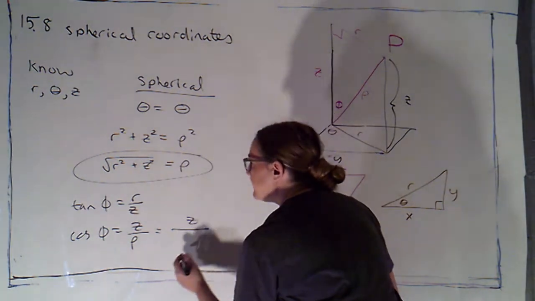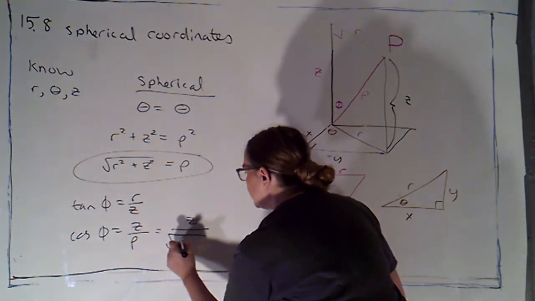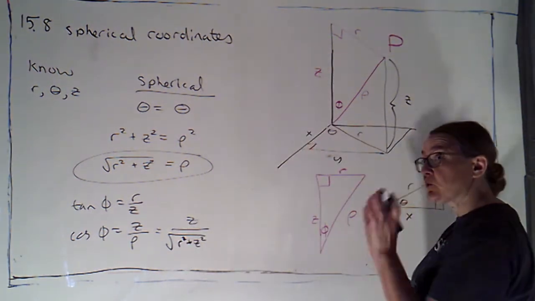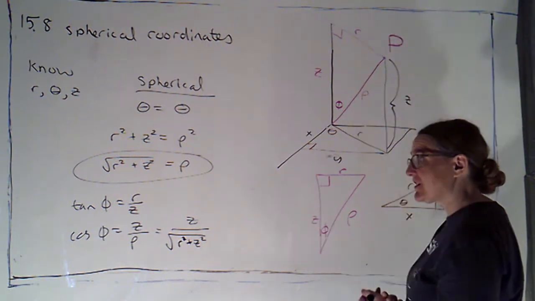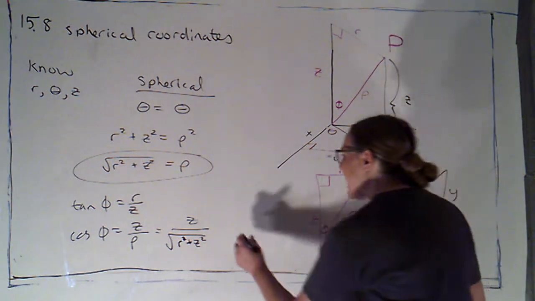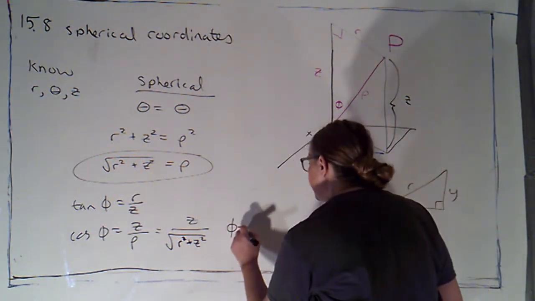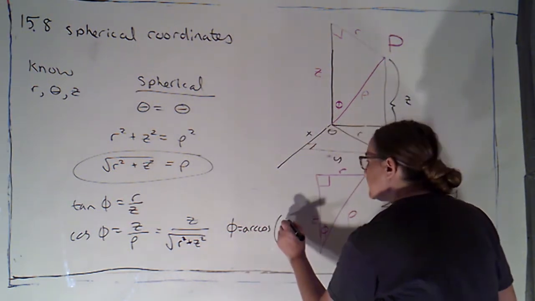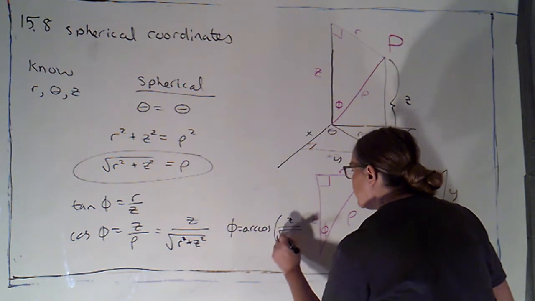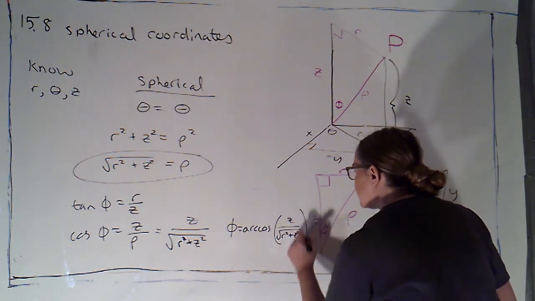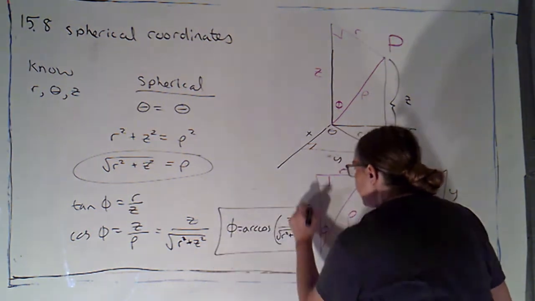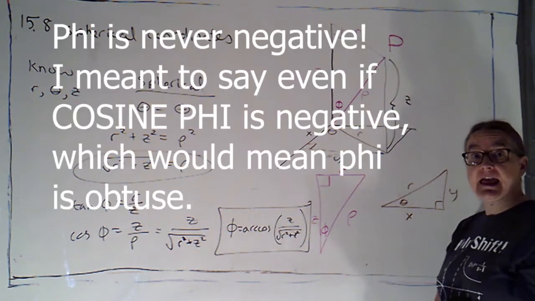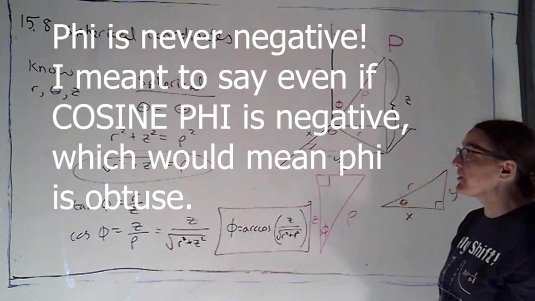So cosine of phi is z over root r squared plus z squared. And because the range of phi and the range of arc cosine are the same, I can then say that phi is equal to arc cosine of z over root r squared plus z squared. And that will work every time, because that is in the appropriate range.